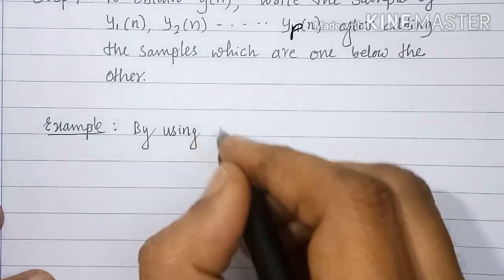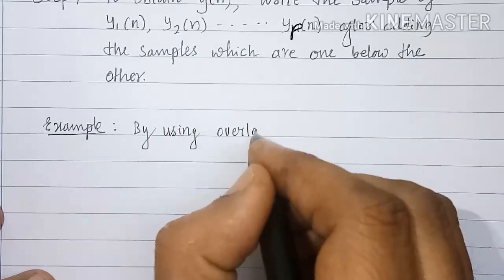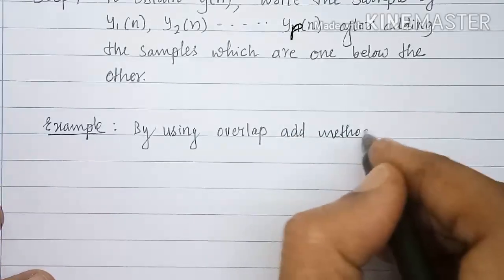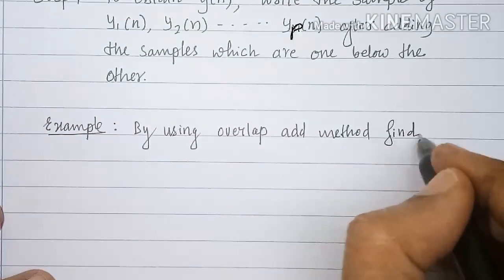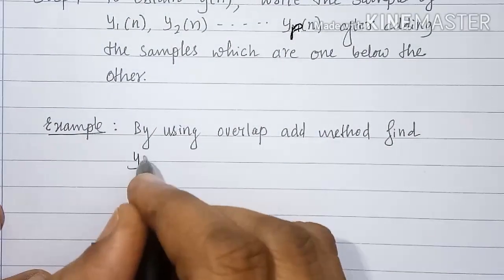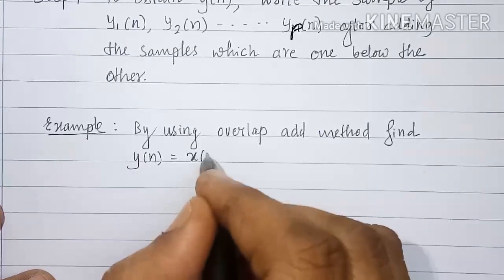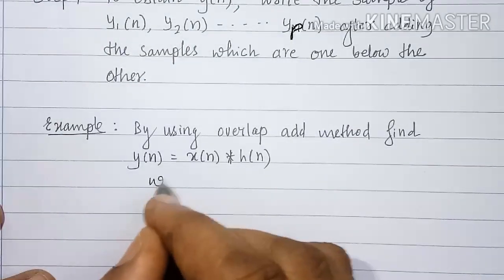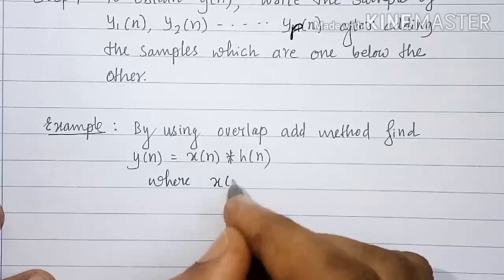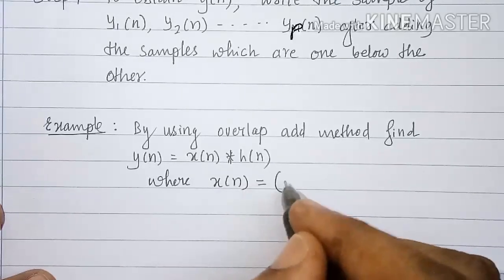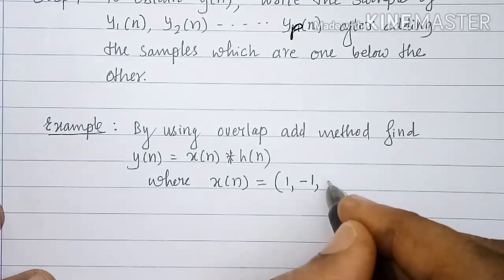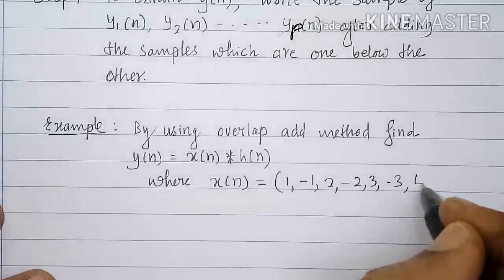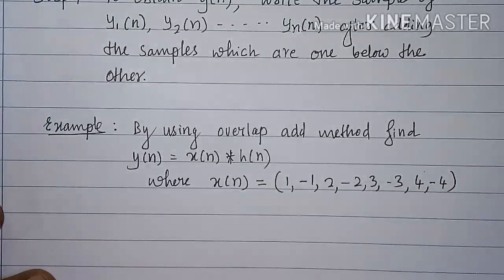By using overlap add method, find y of n equal to x of n convolved with h of n, where x of n is equal to 1 comma minus 1, 2 comma minus 2, 3 comma minus 3, 4 comma minus 4.